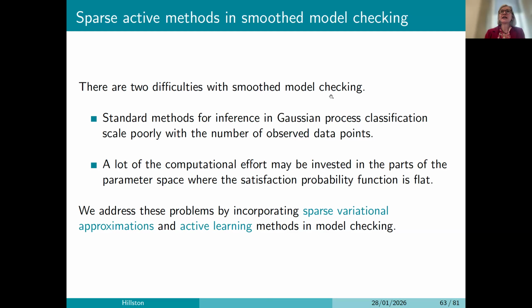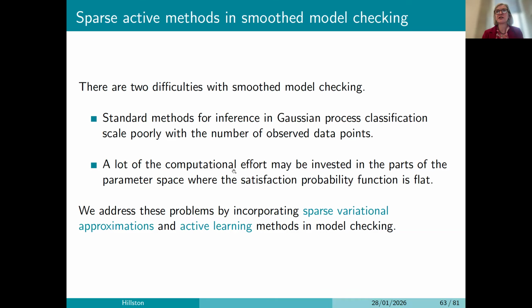So the smooth model checking approach, which came from the work of Bortolussi and others, assumes that there are standard methods for inference of Gaussian process classification, but unfortunately these do not scale well as you observe more and more data points, which is something that we generally need to do.